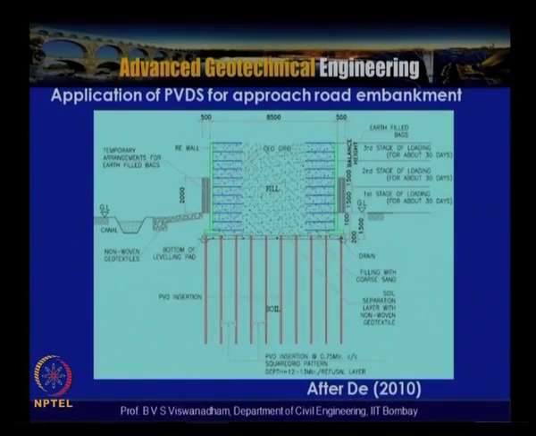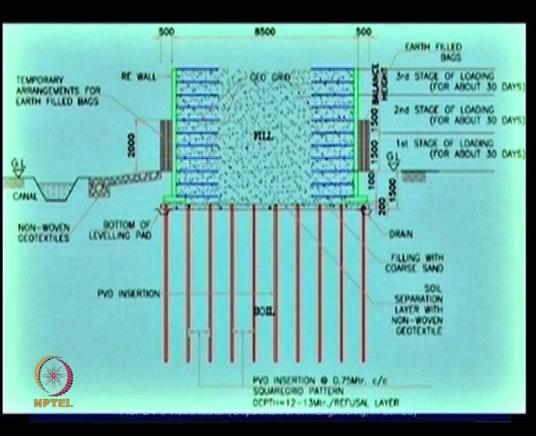One of the alternatives is to go for PVDs below the base of the reinforced soil wall. Here a typical cross section of a back to back RE wall is shown, which has a facing and a foundation pad, and the drains are placed along with a drainage blanket at the top. So this is one of the applications of PVDs for approach road embankments.